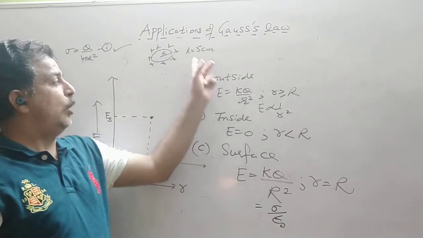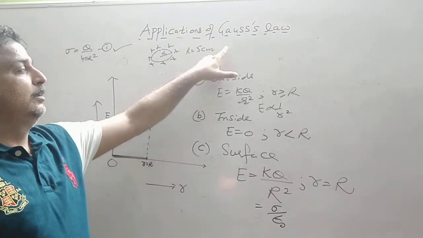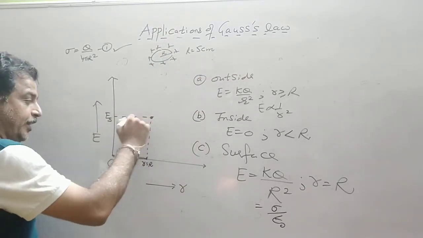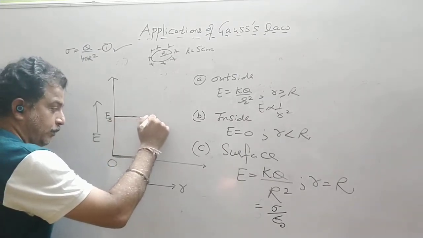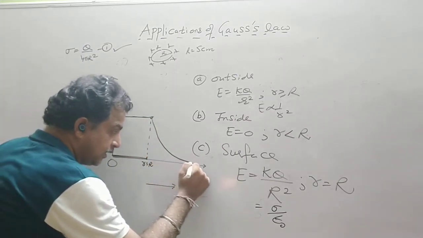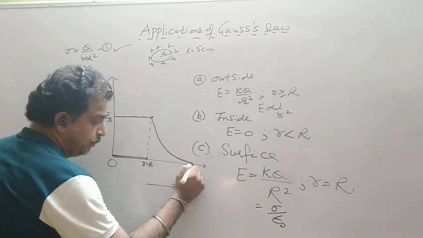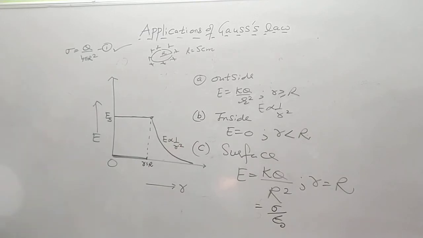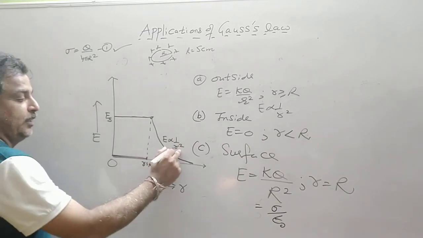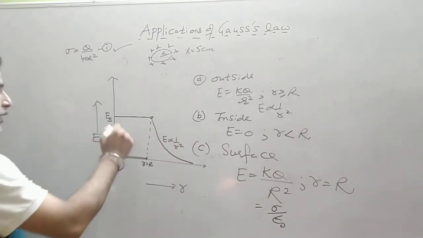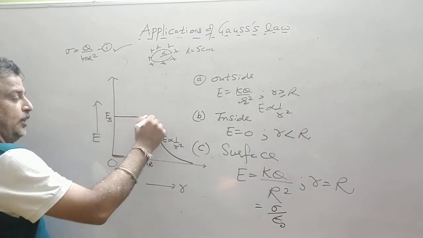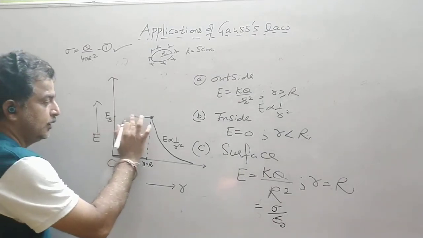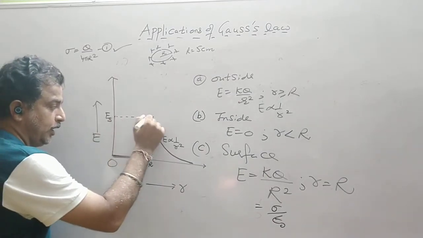Now if I move outside this, say 6 centimeter, 7 centimeter, 8 centimeter, the field decreases. So this remains constant, and this is inversely proportional. So E is inversely proportional to the square of the distance of a point from the center, and on the surface this is its value, and inside, let us denote it by a dotted line only.